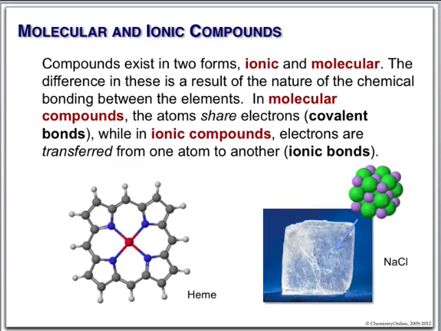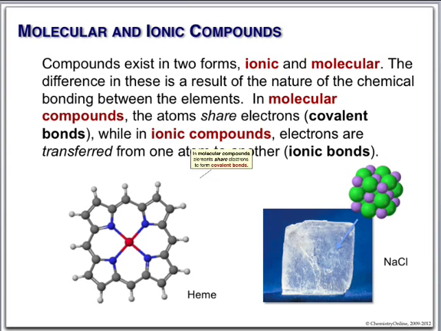Instead of sharing, the atoms actually exchange electrons. One will give up electrons to the other. We'll have something that's positive then and something that's negative. A pair of ions, and again, this is ionic compounds.